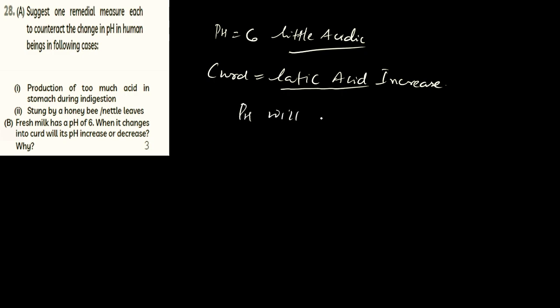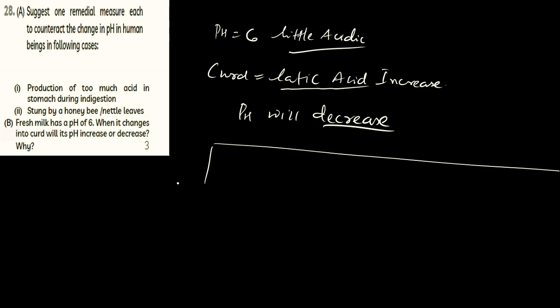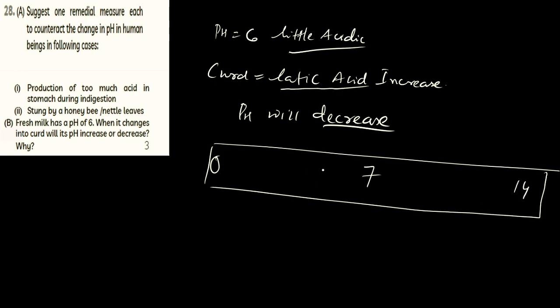So pH will decrease, because the pH scale starts from 0 through 7 up to 14. So this part, pH less than 7, is acidic.